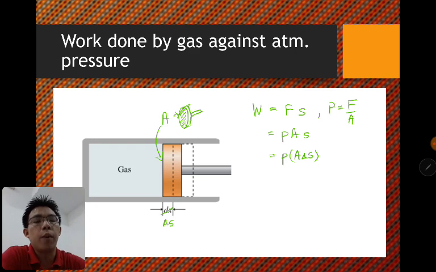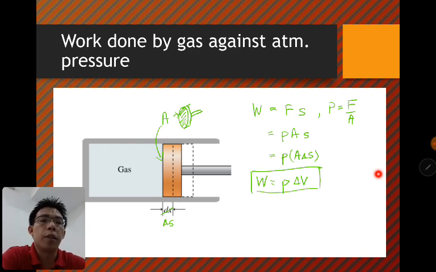You see that I bracket the A and s. Basically this is the small change in the volume, as it pushes away and leaves an additional delta V to the space inside. So for work done by gas, we have W equals pressure times change in volume.